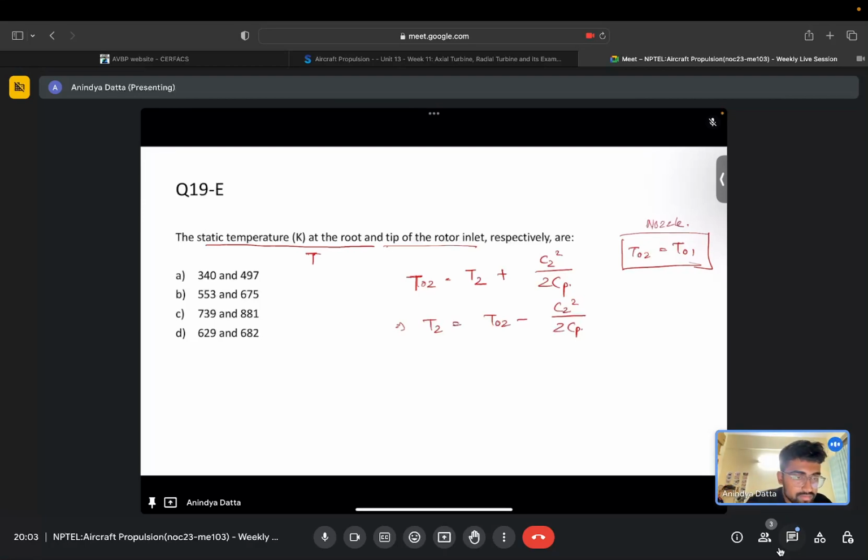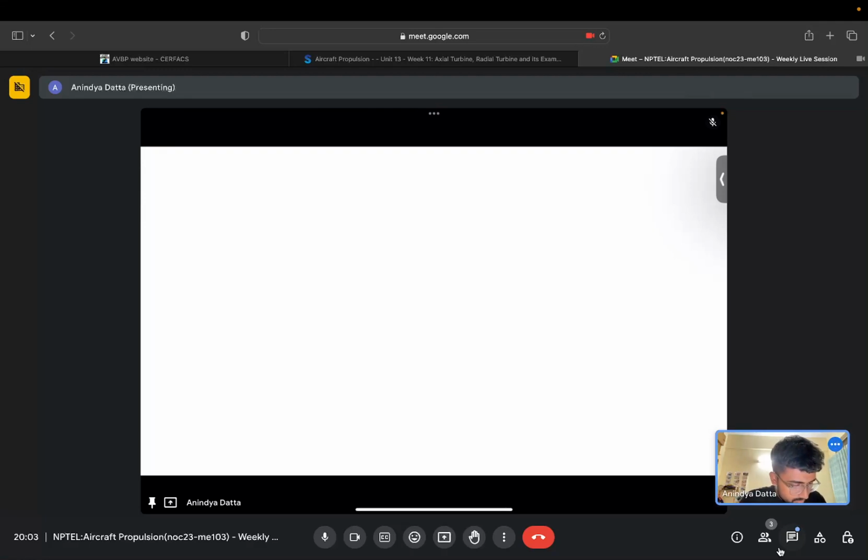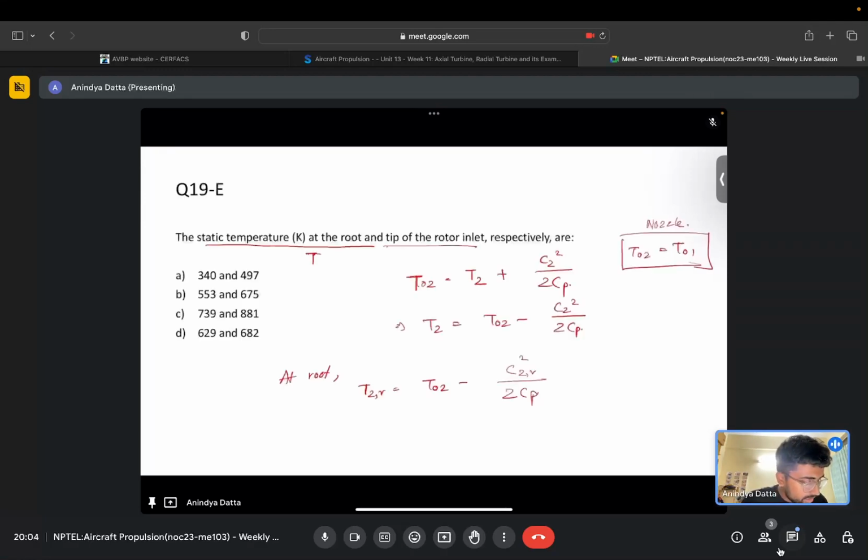As we have seen, C2 changes as we go along the radius. So T2 at root will be equal to T02 minus C2 at root square by 2Cp. Now we go back to the velocity triangle.